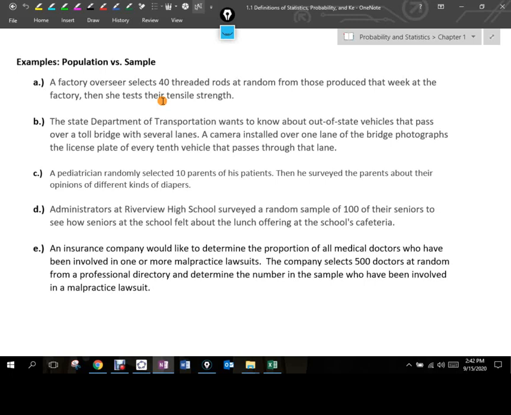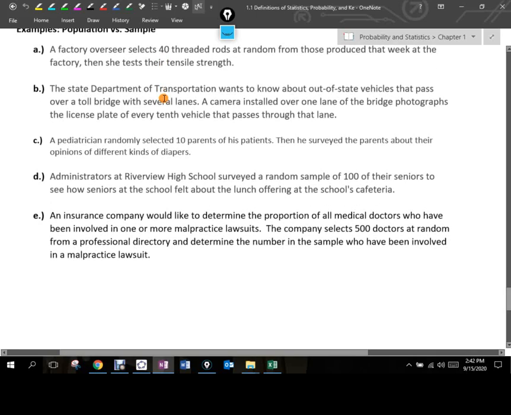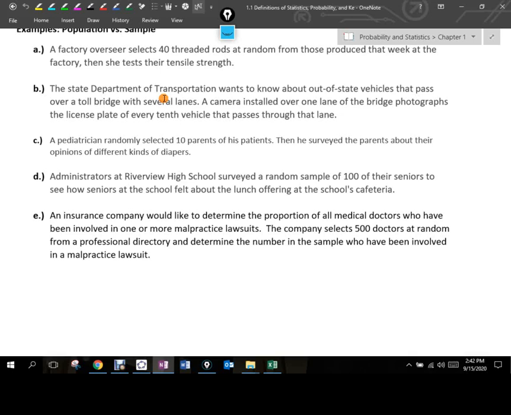Now, is that numerical or is type of diaper categorical? Categorical, because it's got a name to it, right? Huggies or Pampers or denim jean. I've never heard that. I think you made that up. Just because you wear jeans and you need a diaper but don't wear a diaper doesn't turn your jeans into a diaper. Okay. All right.